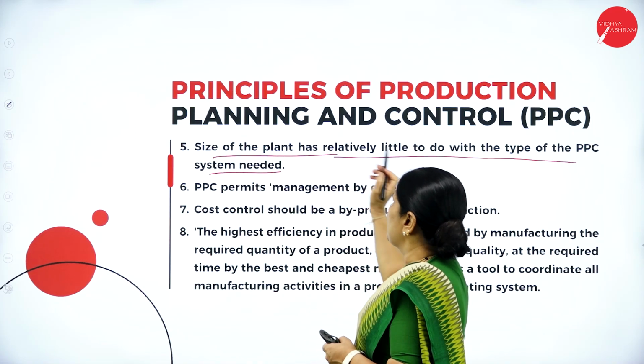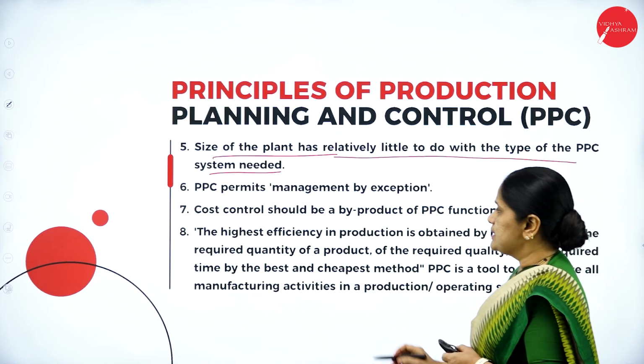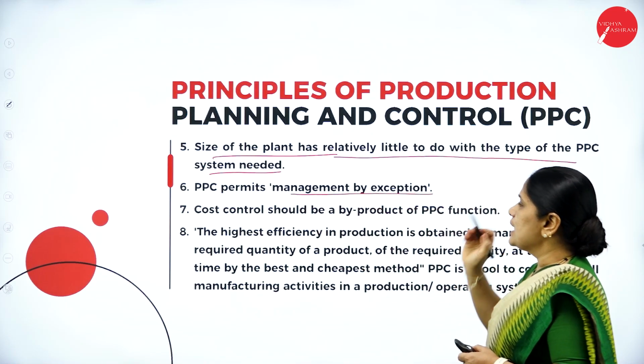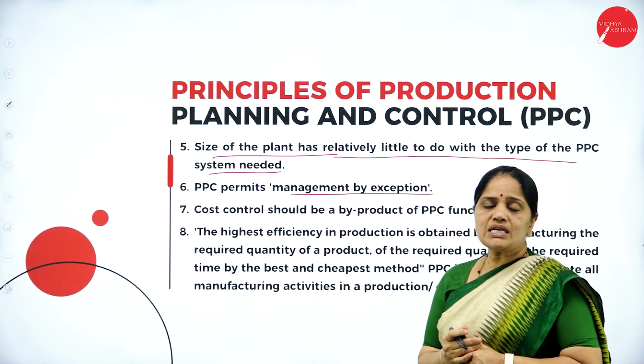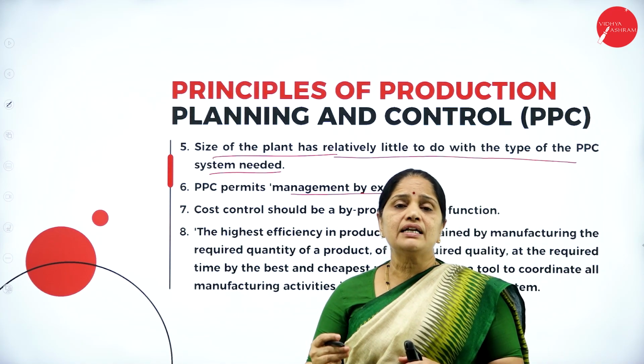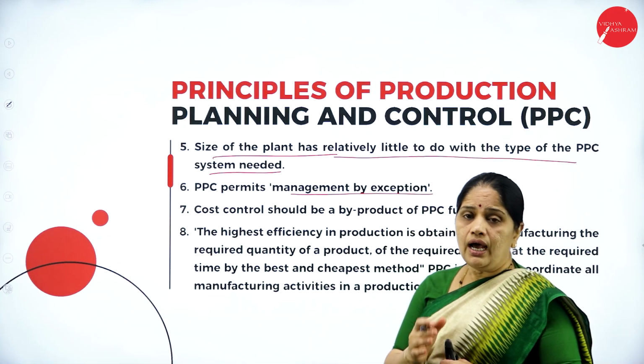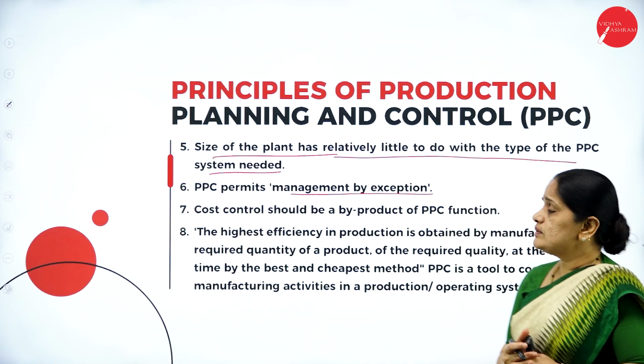So, the size of the plant has no influence on the PPC, and it permits management by exception. So, what is this management by exception? It means the management will intervene only when there are any exceptional situations involved. Otherwise, they will not involve themselves.